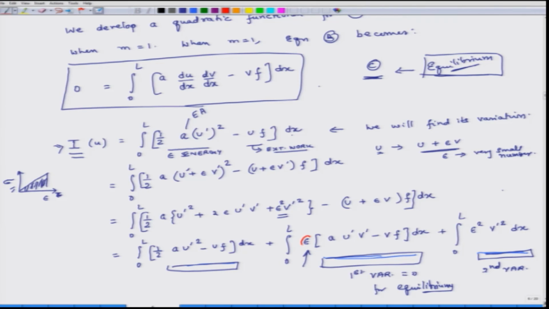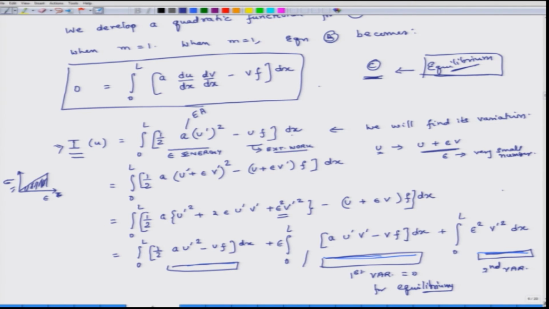Since epsilon is constant, I can take this epsilon out, because epsilon is a constant, it is a small number.